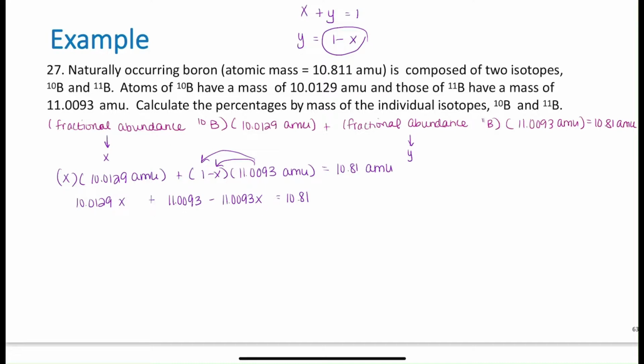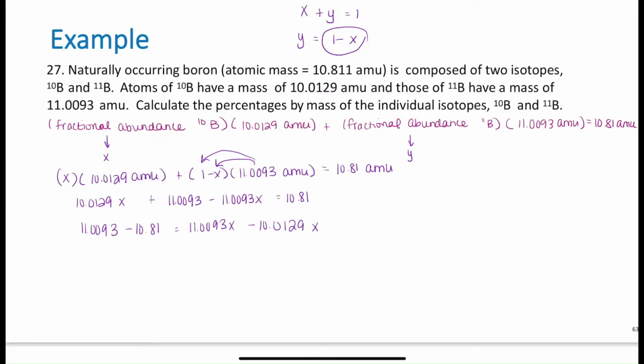Get your variables on one side and your values on the other. 11.0093 minus 10.81 is equal to 11.0093X minus 10.0129X.